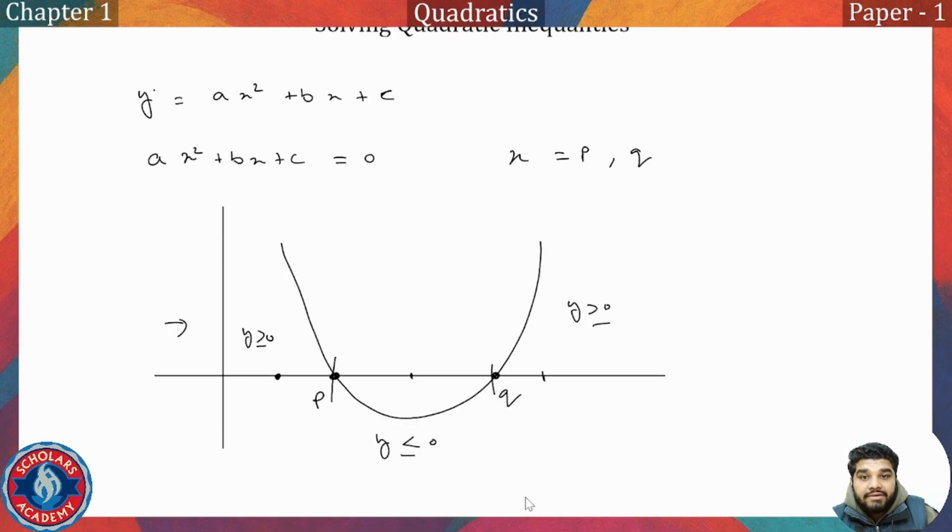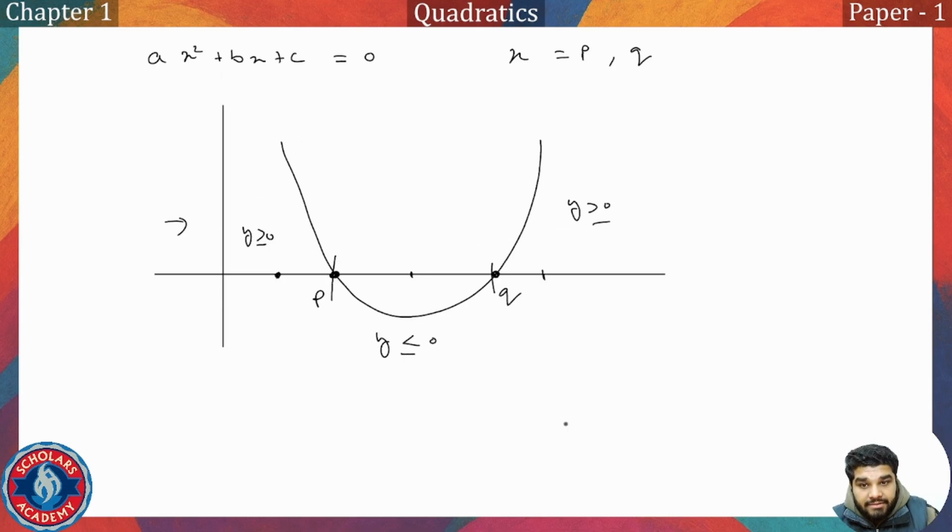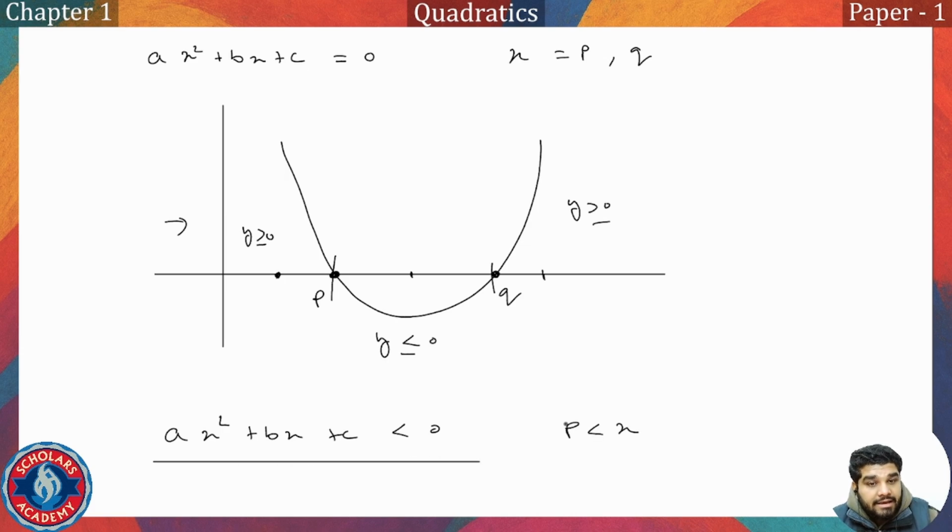So whenever I get a quadratic inequality, for example ax square plus bx plus c is less than 0, the answer for this inequality will be when x is greater than p and less than q, right?